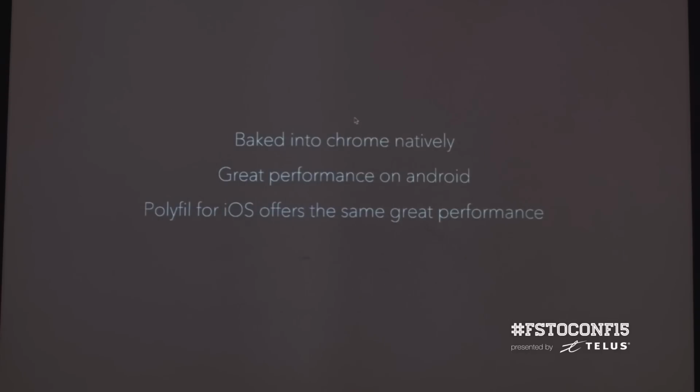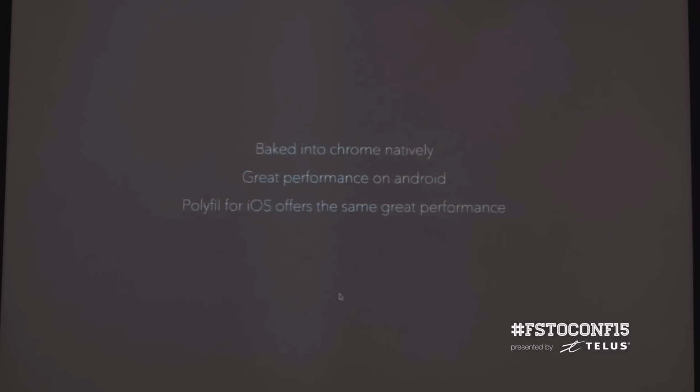And it's really performant on Android. Android is the one that's always had issues with performance. Well, with Web Animations API, it has a lot better performance right out of the box because it's natively baked in. iOS doesn't have support for it yet, but there is a polyfill in place to give you the same performance that you get on Android and fix the gaps where iOS has dropped the ball.